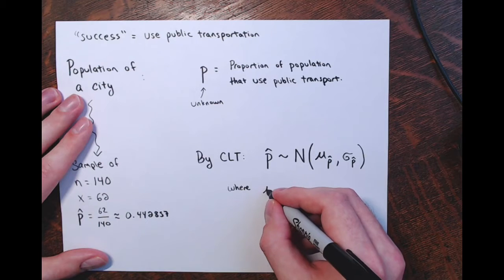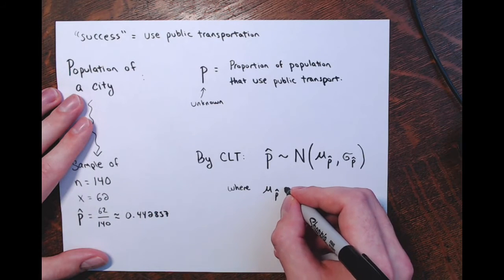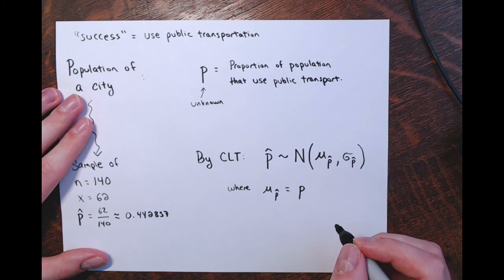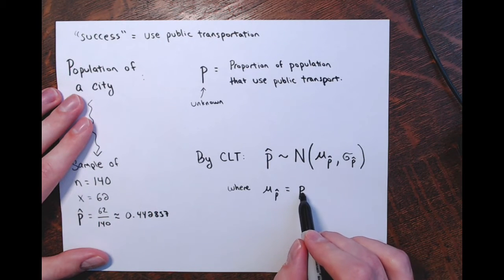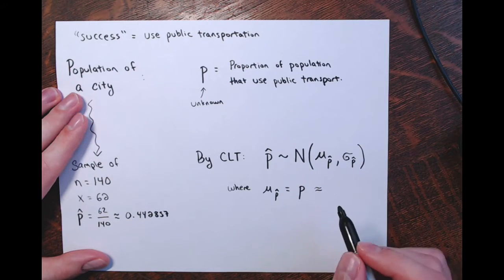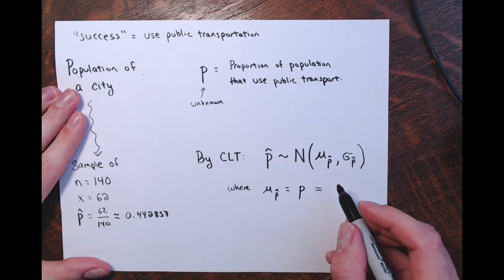Where the mean of these sample proportions, remember, was equal to the population proportion. But I don't know what this is. We're trying to guess this. So what we do is we use our point estimate, our sample proportion here.